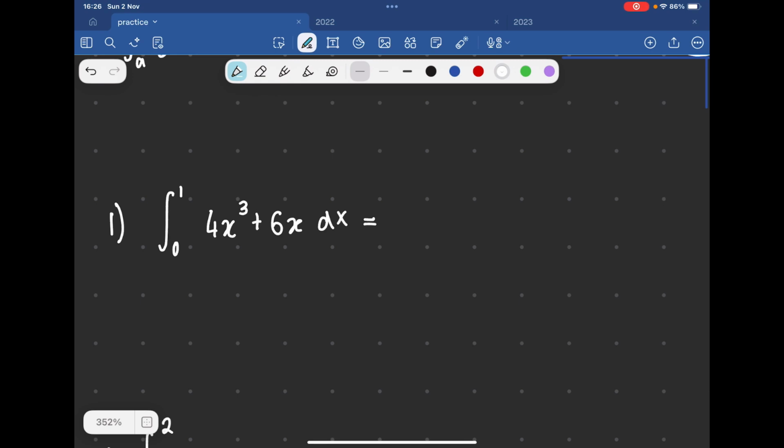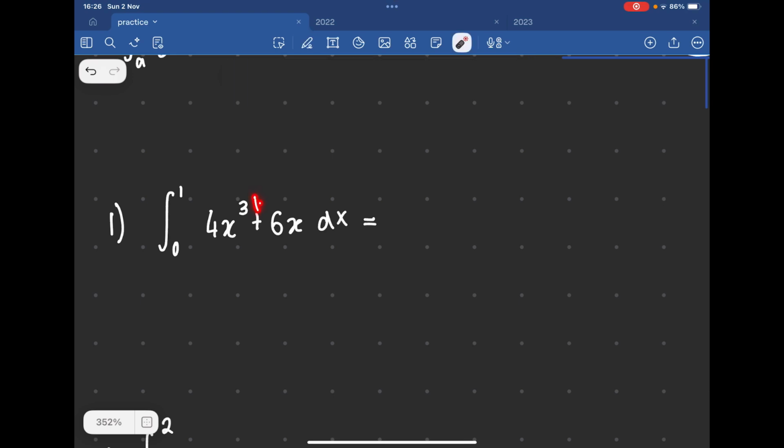So here we have the definite integral from 0 to 1 of x to the power of 3 plus 6x dx. So the first thing that we're going to do is integrate it like we would usually integrate a function using the power rule. So we add 1 and we divide. Add 1 and divide.